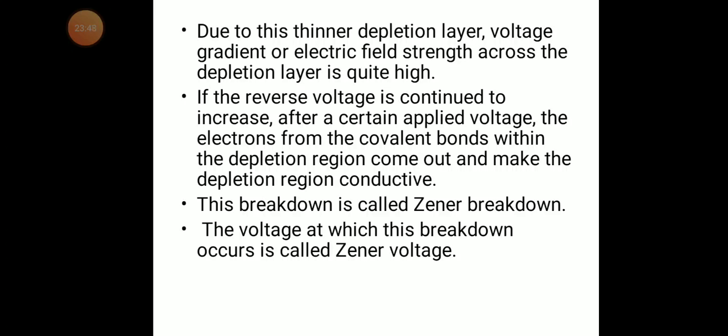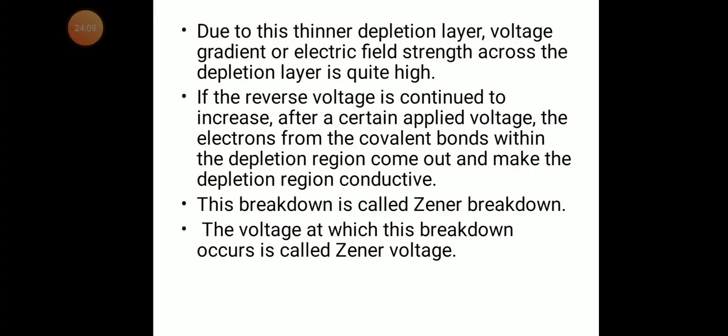What happens? Because of this thin layer and this high electrical field at the junction, they break the covalent bonds of the depletion layer atoms. After breaking the covalent bonds, some of the free electrons come to the junction.